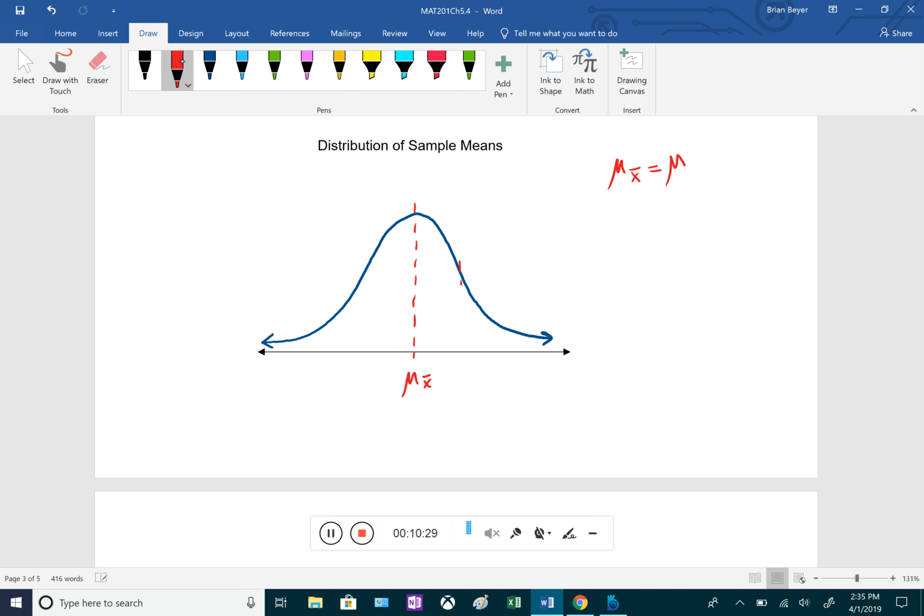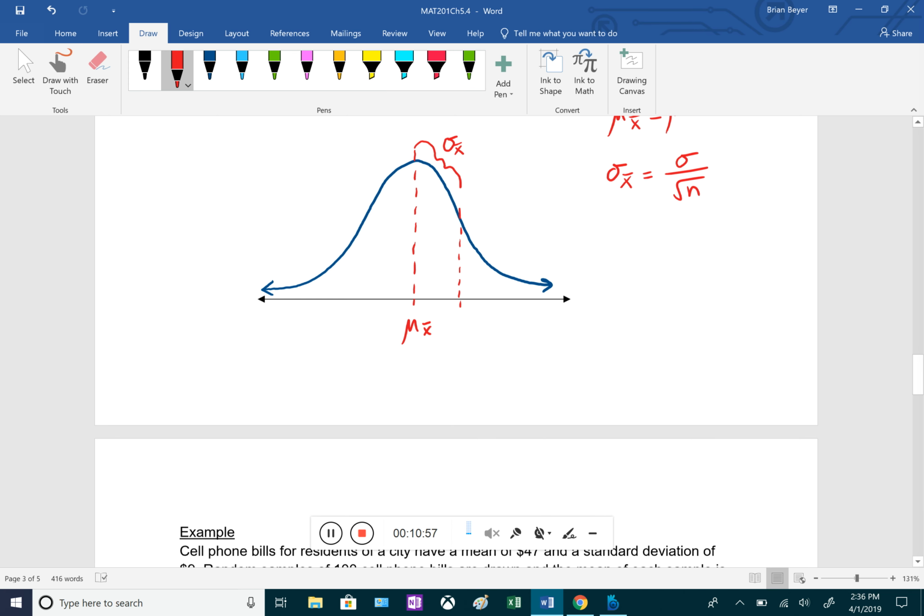And one standard deviation away would be about right here again, just like it normally is, right at that inflection point in the curve. So this would be one standard deviation away, where that standard deviation of the sampling means equals the population standard deviation divided by the square root of n. Okay, so definitely pretty conceptually confusing. Hopefully that kind of cleared it up.